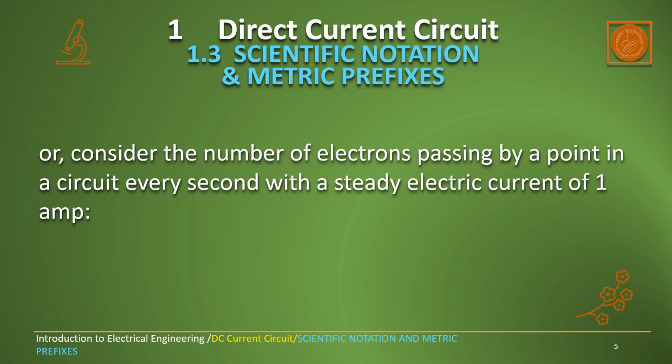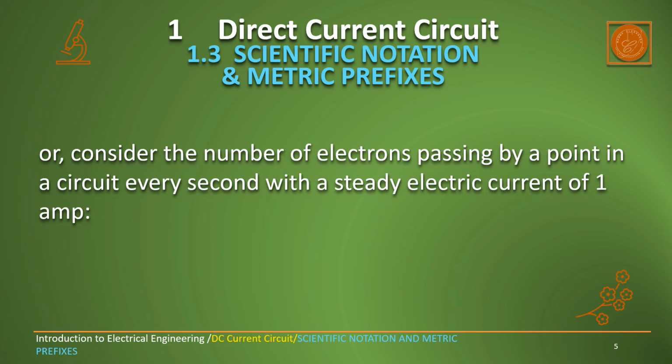Or consider the number of electrons passing by a point in a circuit every second with a steady electric current of 1 ampere. We already learned about the amp in a previous video.